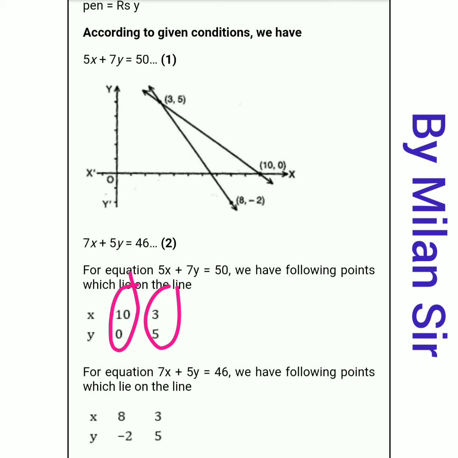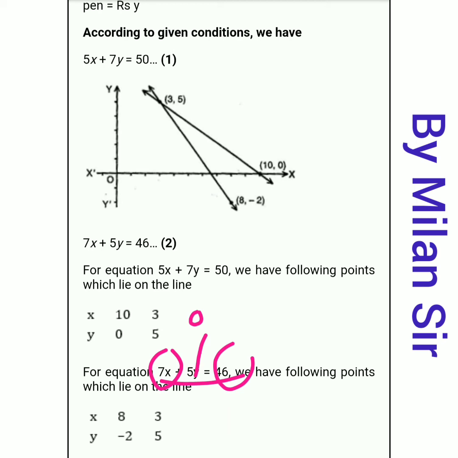Now for the second line, it is 7x plus 5y is equal to 46, right? Now here you can see that if this quantity becomes 0, then you get 7x is equal to 46. 46 is not a multiple of 7, so we cannot put y is equal to 0 here.